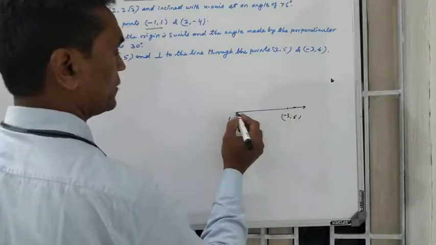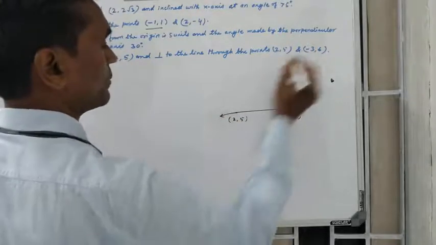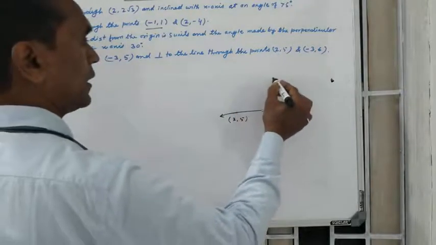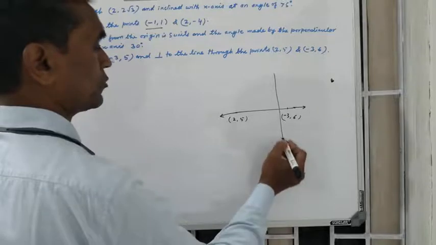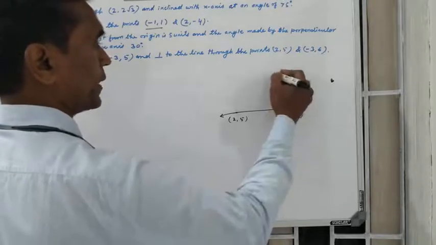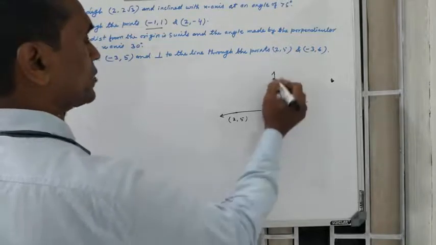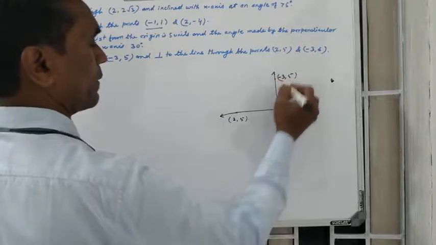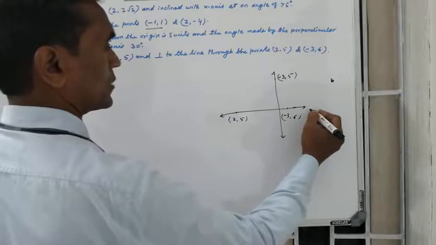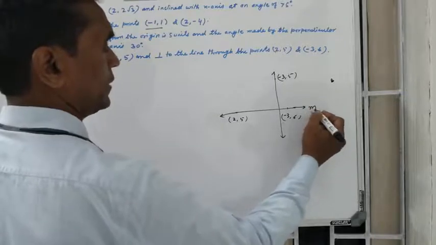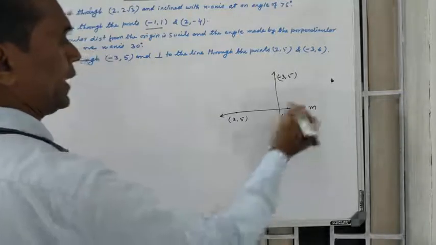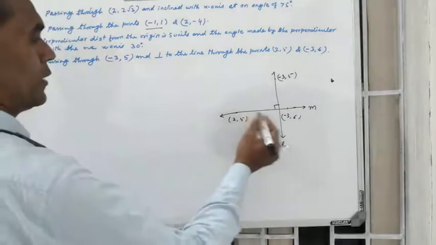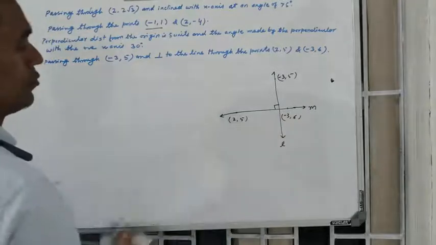This is the line which passes through 2 given points, and we have to find a line which is perpendicular to this line and which passes through (-3, 5). So suppose this is line M and this is L.